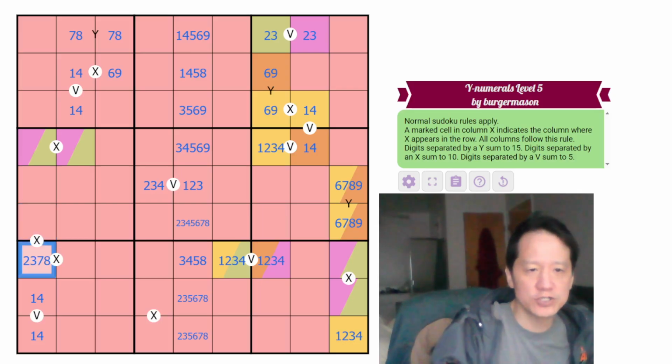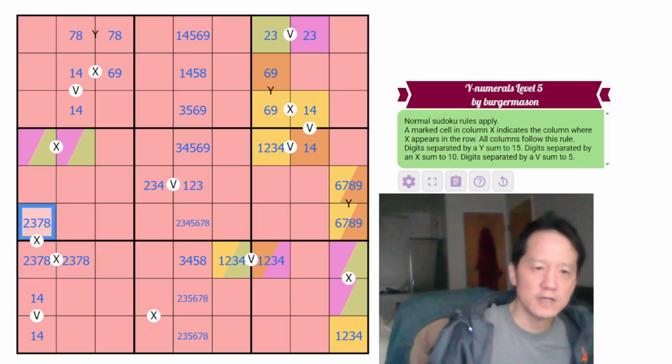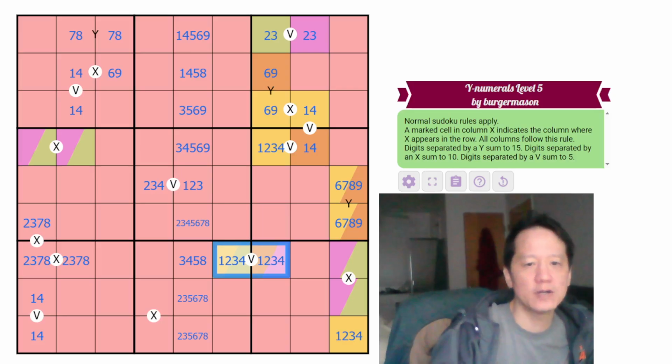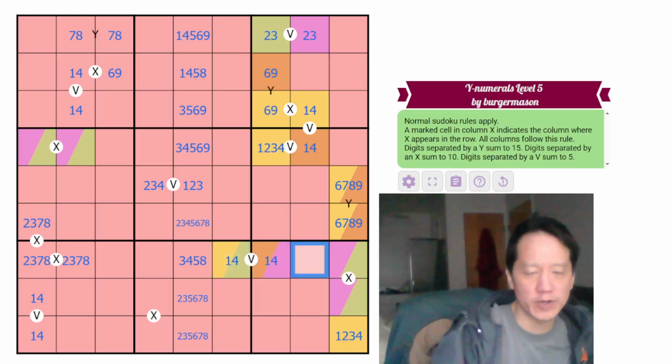We're not sure which. So this is 2, 3, or 7, 8. These two have to be the same digit, right? Because it adds up to 10 with one digit, and that same digit also adds up to 10, right? So one of these is 2 or 3, which means this cannot be a 2, 3, 2, 3 pair. It has to be a 1, 4, 1, 4 pair.